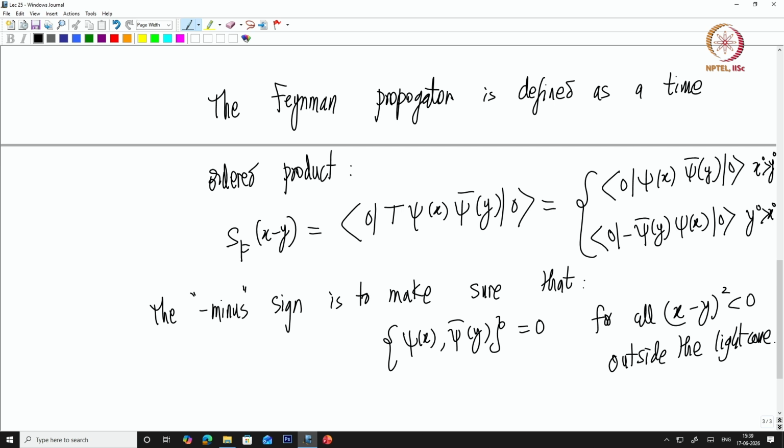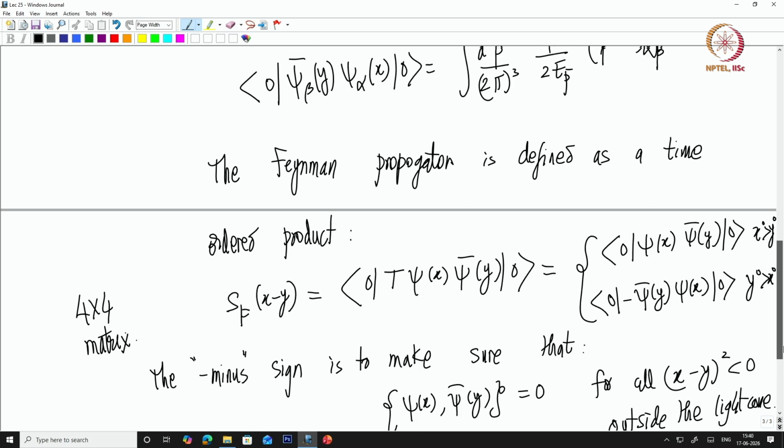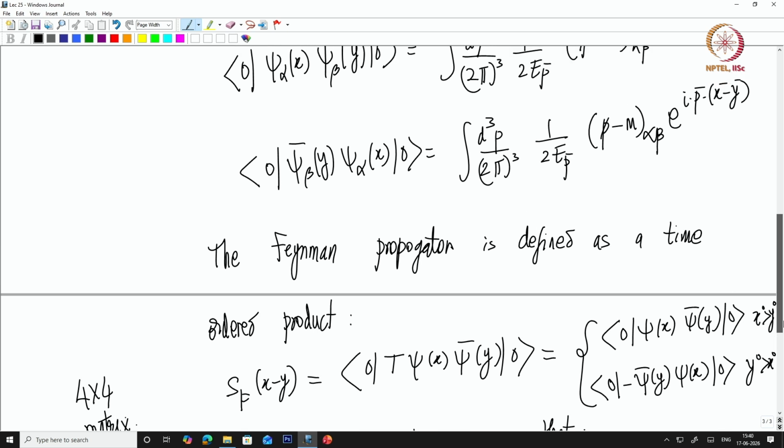Now this is also a 4 by 4 matrix, and we have computed each of these elements above essentially.